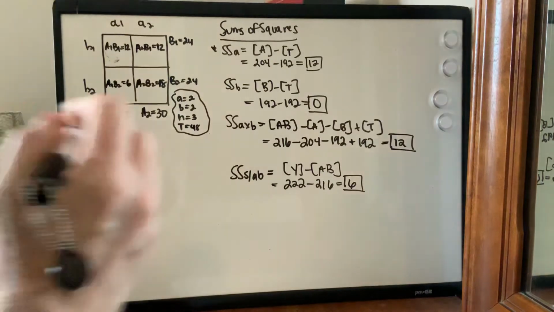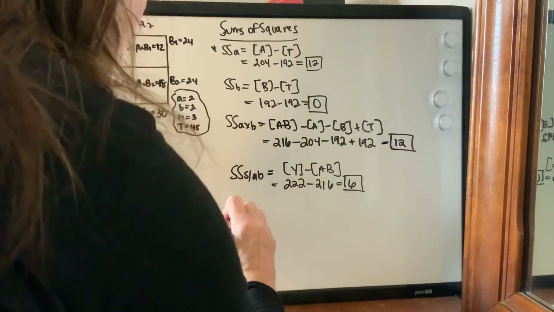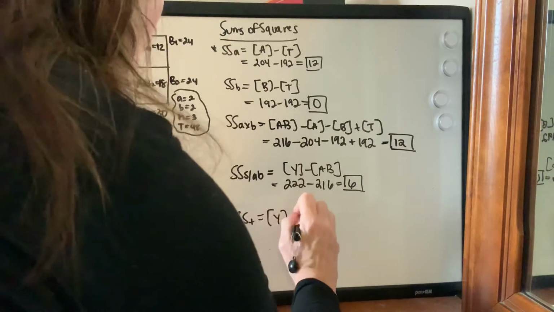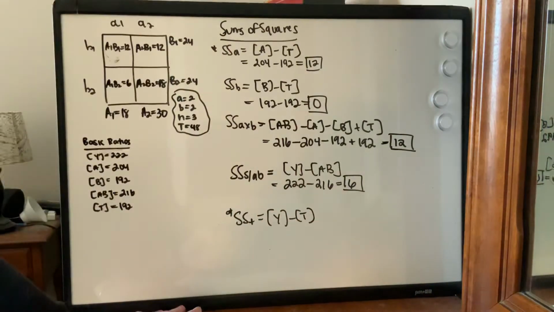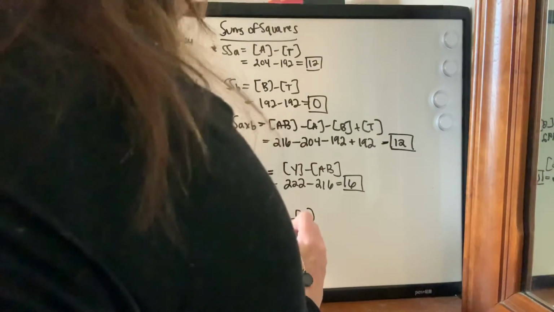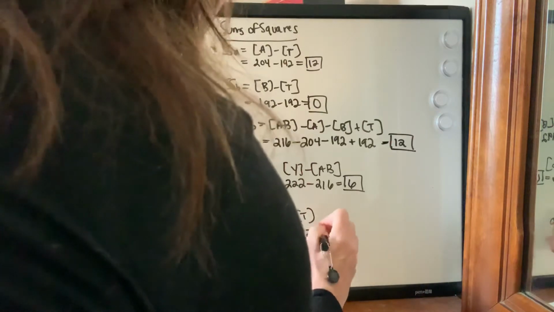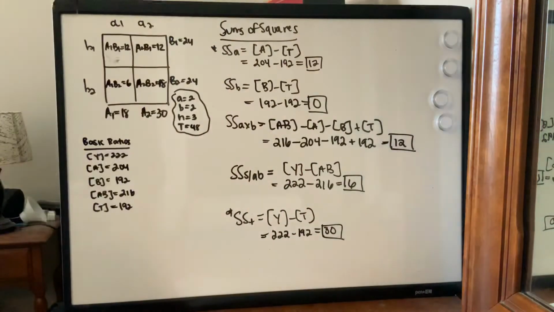And then our last sum of squares is our sum of squares T, and I'm going to put a little star next to that because this is the same formula it's been all along. It's Y minus T. So 222 minus 192 is equal to 30.